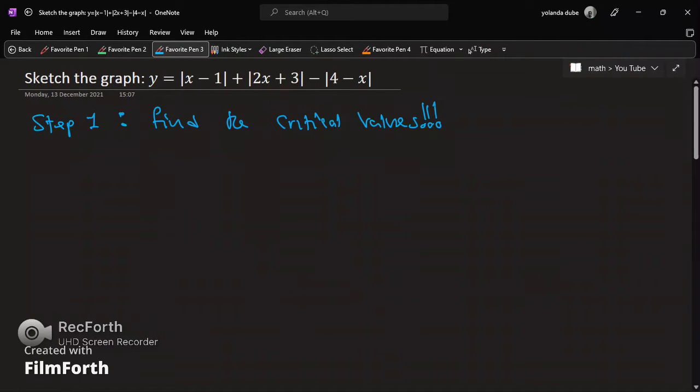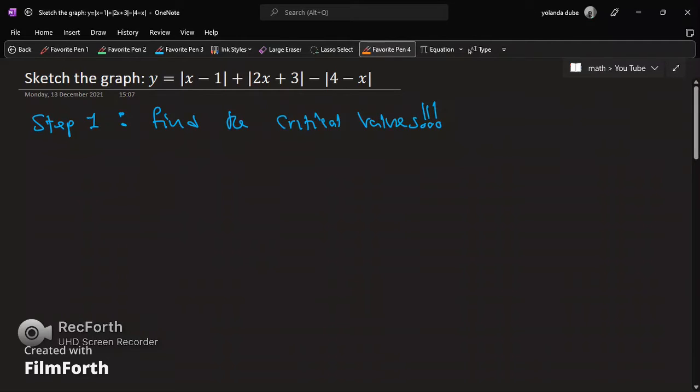Now what are critical values in the context of a chain like this one? Critical values in this case refer to the values of x that one gets if you take each of these absolute brackets and equate them to 0. So the values of x for which each of these absolute brackets is equal to 0 are what we refer to as the critical values.